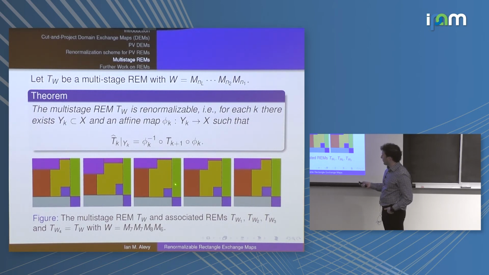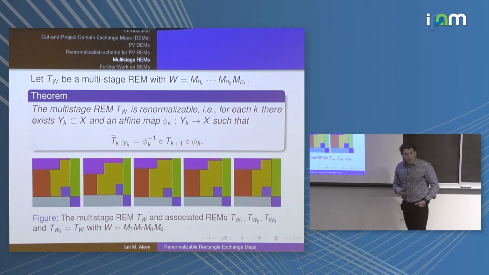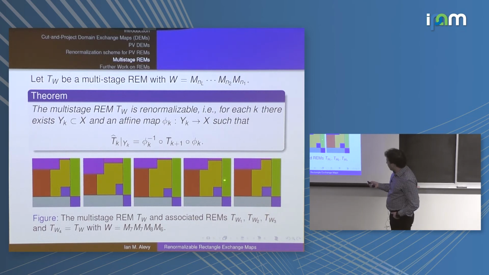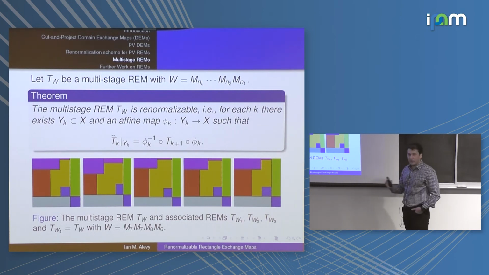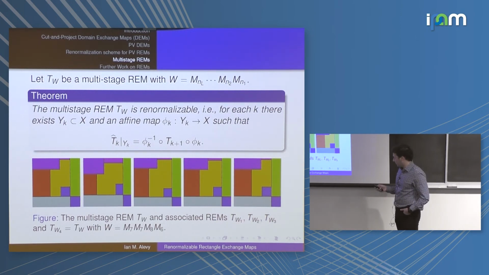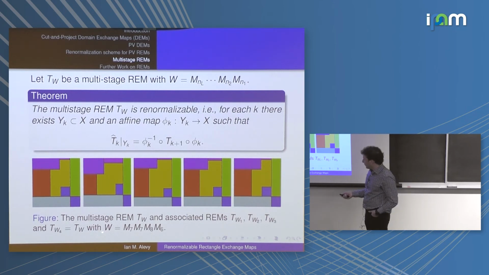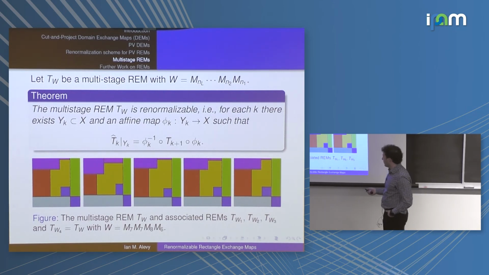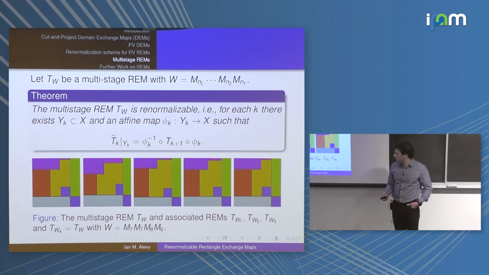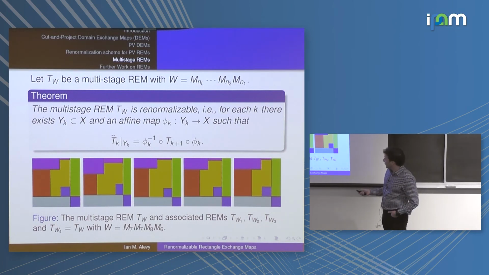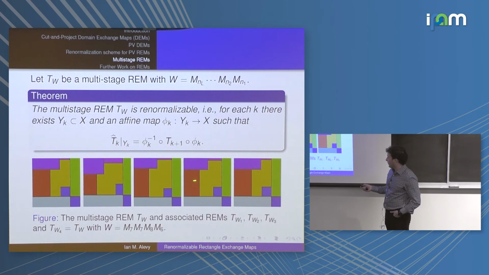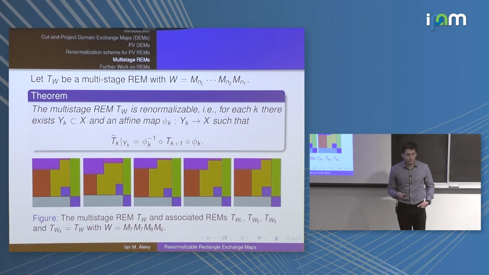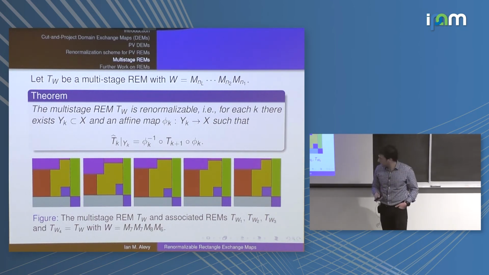I look at the first return map here, and I get this rectangle exchange map. And then when I look at the first return map again to this small rectangle, I get back a scaled copy of the rectangle exchange map that I started with. So W here was a product of 4 matrices. And that means that in this sequence, you'll have 4 different rectangle exchange maps in the renormalization sequence.